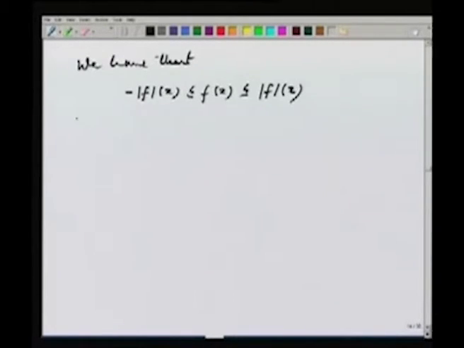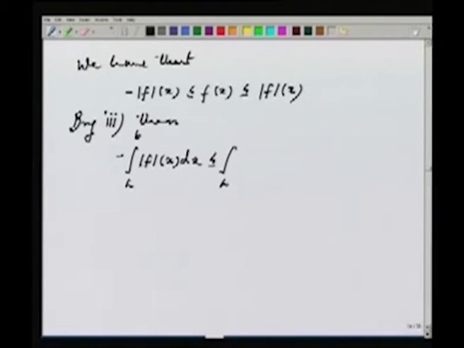By (3), then we have that minus integral a to b mod f(x) is less or equals to integral a to b f(x), which is less or equals to integral a to b mod f(x).